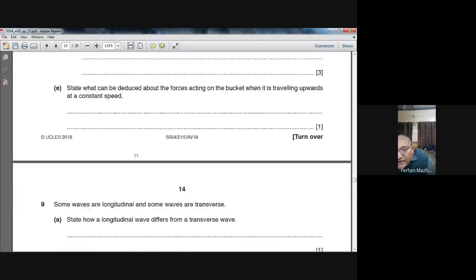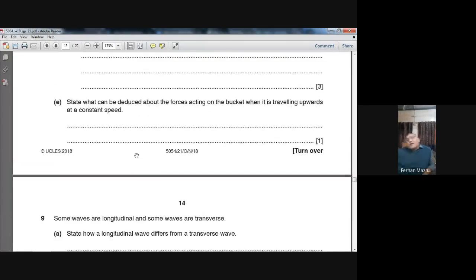State what can be deduced about the force acting on the bucket when it is traveling upwards at a constant speed. Forces are balanced. Because it's moving at constant speed, the downward and upward forces are balanced.